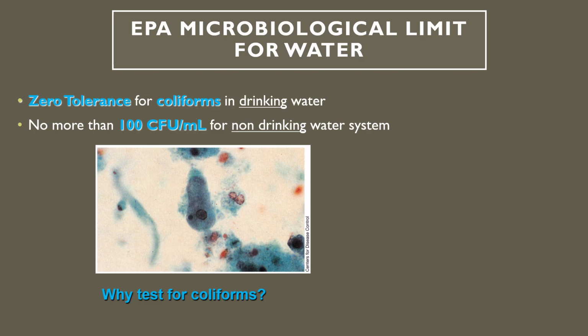That means that there's 0 CFU per ml in drinking water. And then for non-drinking water, there needs to be no more than 100 CFU per ml. Okay. And the reason why we want to test for these is because coliforms are going to be an indicator of possible intestinal pathogens that can be contaminating our water.